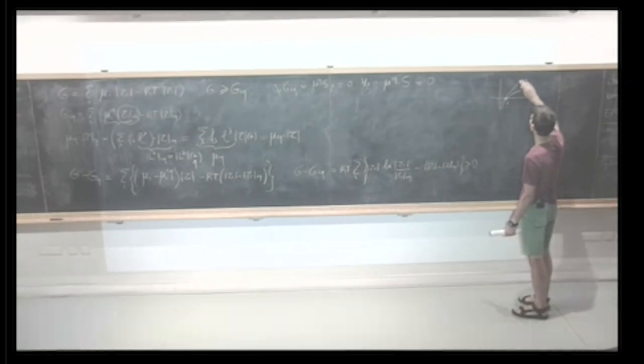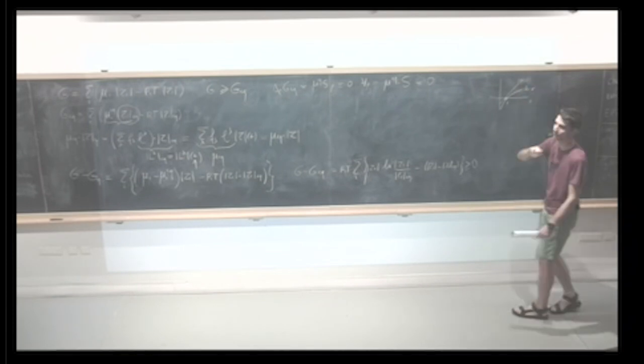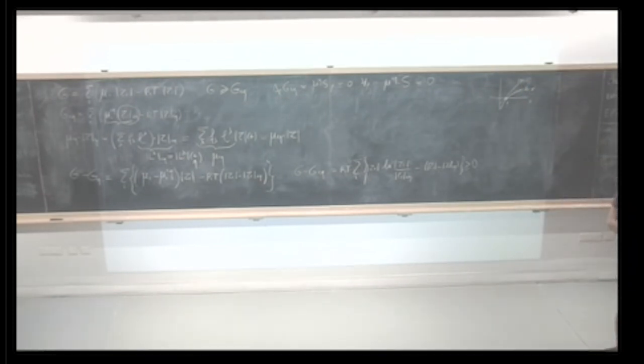Is that okay? So this is a closed system. If you want, it's something we already knew. I'm just exploiting properties that we derived yesterday to show you that G is lower bounded by G equilibrium.